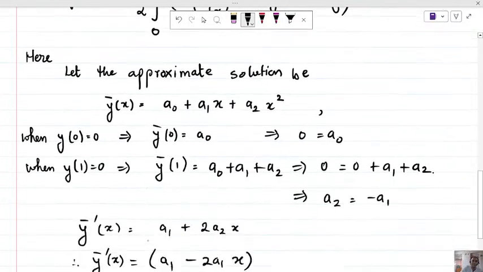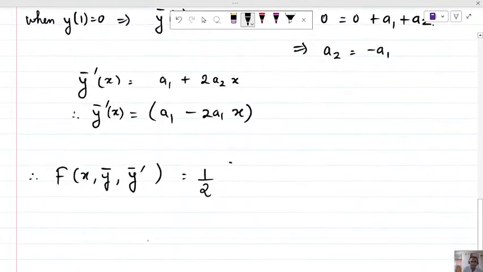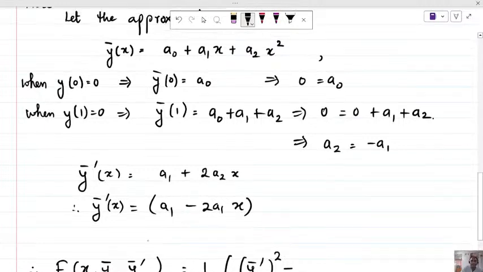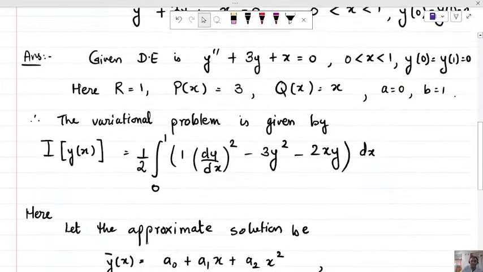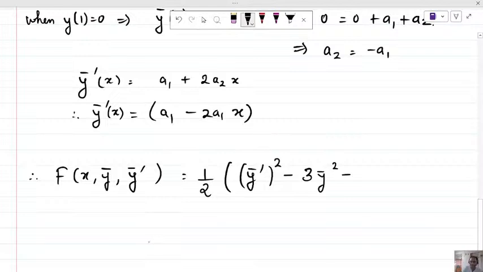So the function is now going to become y bar dash square minus 3 y bar square minus 2x y bar, right? This is what it is going to become.